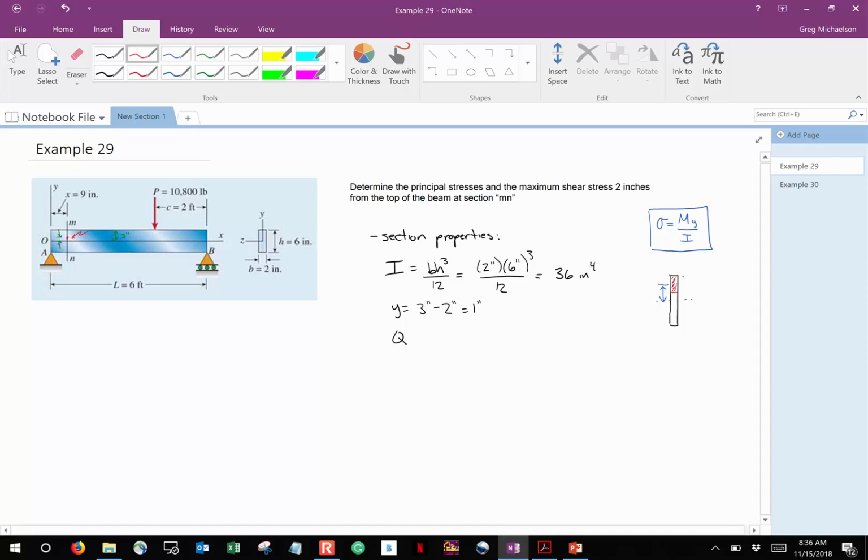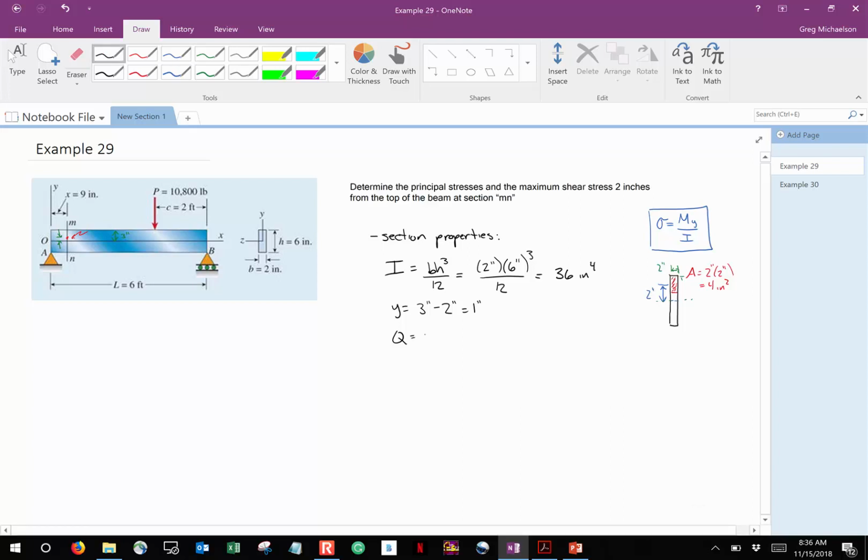So the area is going to be 2 times 2, which is 4 square inches, right? Because that distance is 2 inches, and then that height is 2 inches. As for how far it is from the neutral axis to the centroid, well, it's going to be 2 inches. I think that's pretty obvious there.